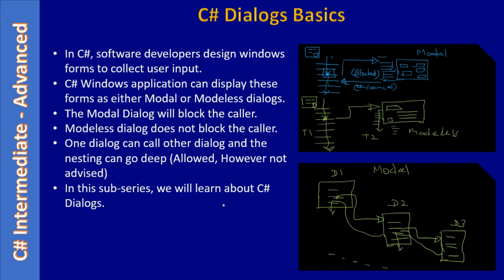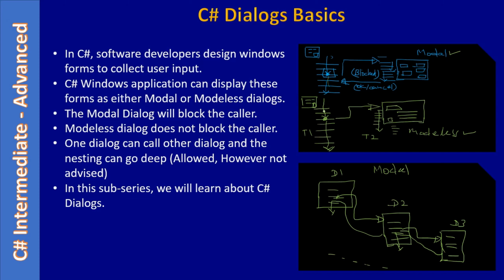So in this sub-series, we will learn C# dialogs. That means we will learn how to launch the dialog as modal, as well as launch the dialog as modeless. And when we learn this, we will also learn how the modal dialog is blocking the calling dialog, and modeless allows the calling dialog to be navigated.